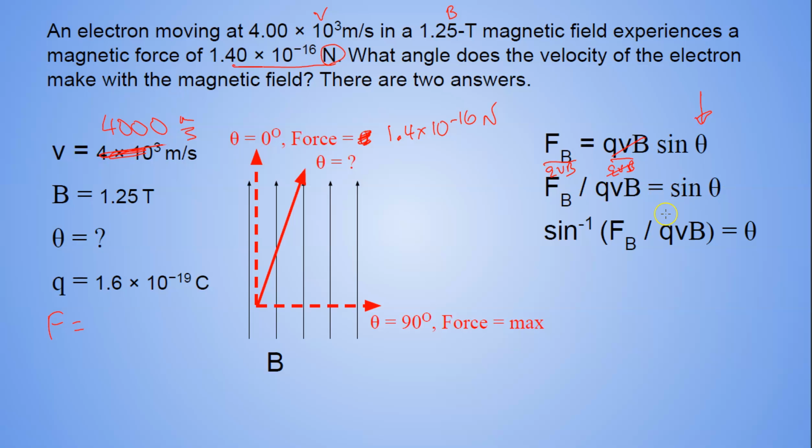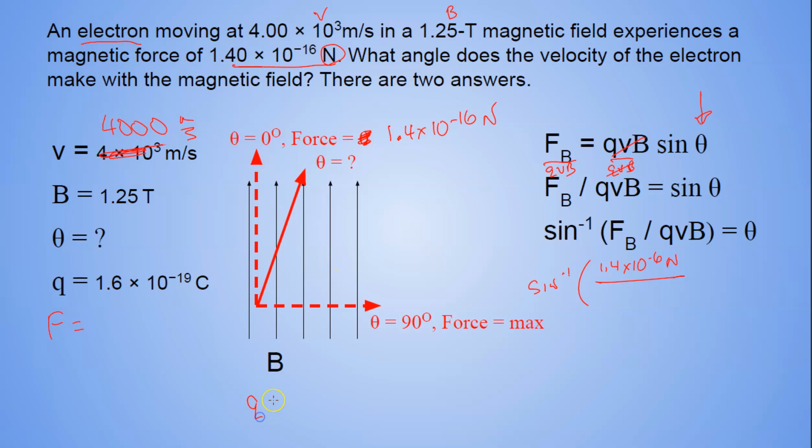I want to get rid of sine. Anytime I'm looking for the angle, it's an arc sine, arc cosine, arc tangent, something. So I've got that. And now I need to say, here's the arc sine of the force, little bitty number, 1.4 times 10 to the negative 16 newtons. I'm dividing by the charge, and this is an electron, so we use what we know about electrons. We talked about that in the electricity stuff.